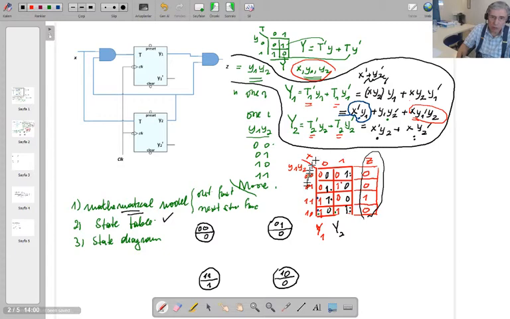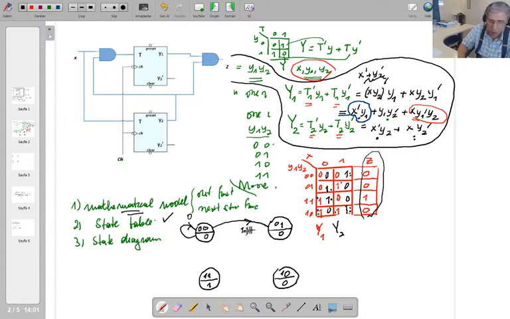So what is left to transfer this side? It says if your present state is 0, 0 and your input is 0, your next state is 0, 0. That means you stay in the same state, so it turns to itself for the input 0. When the input is 1, your next state is 0, 1. If your present state is 0, 0 and you apply 1, you come to next state 0, 1.